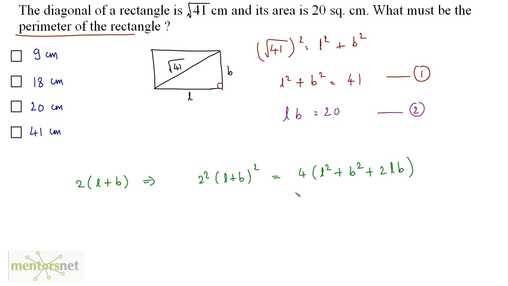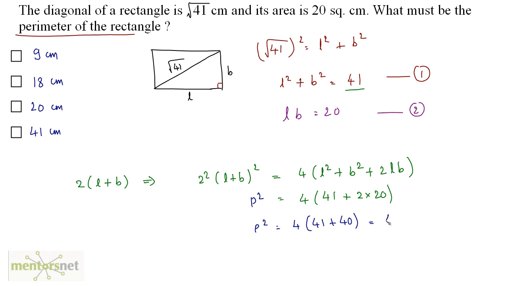Now L square plus B square is the value from equation 1 we know is 41. So we have 4 times 41 plus we can get LB from equation 2. That's twice times 20. And on the left hand side we have basically P square. So P square is equals to 4 times 41 plus 2 times 20 is 40.